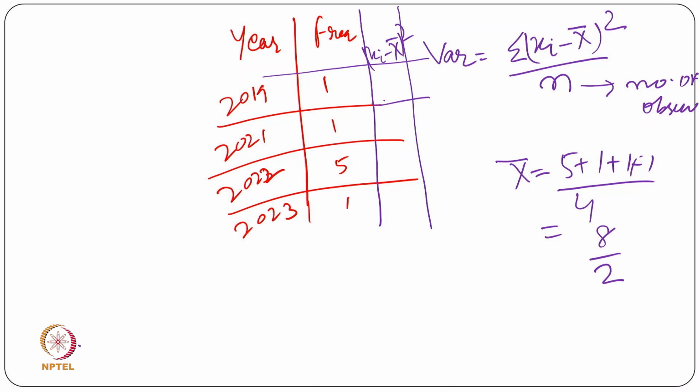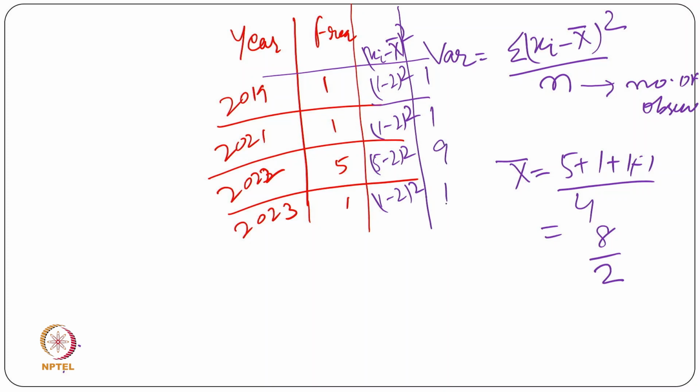So we will be calculating the (xi minus x bar) whole square. This will be (1 minus 2) square, (1 minus 2) square, (5 minus 2) whole square, and (1 minus 2) whole square. So this will be 1, 1, and 9, and then 1.